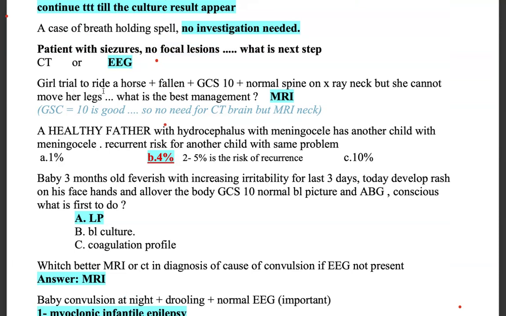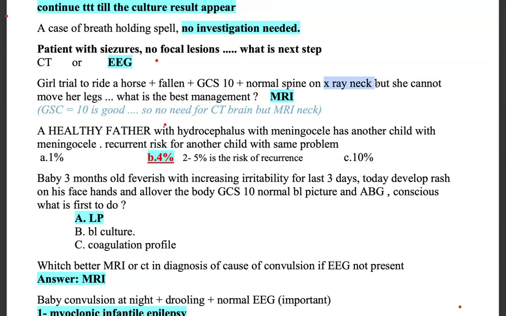Girl tried to ride a horse and she fell down. GCS 10. Normal spine on X-ray neck, but she cannot move her legs. What is the best management? GCS 10 is good, so no need for CT brain, but MRI neck. From the X-ray, there is no radiological evidence of injury, so you have to do something else which will show the injury.